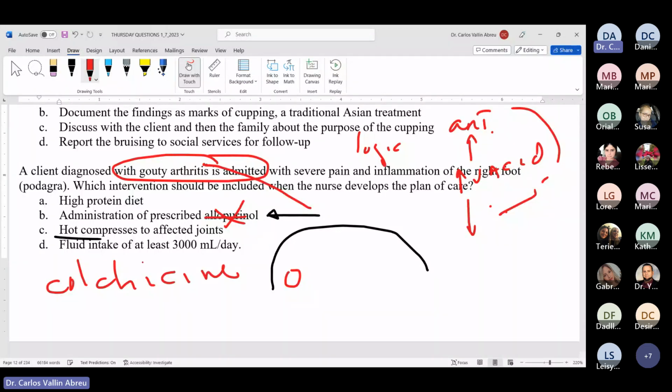Colchicine is very effective to reduce the inflammation of the podagra in a few hours. After the inflammation subsides, disappears, is when they can start the allopurinol to decrease the amount of uric acid in the body, and probably the patient will continue taking the allopurinol all life long to prevent future crises of gouty arthritis.